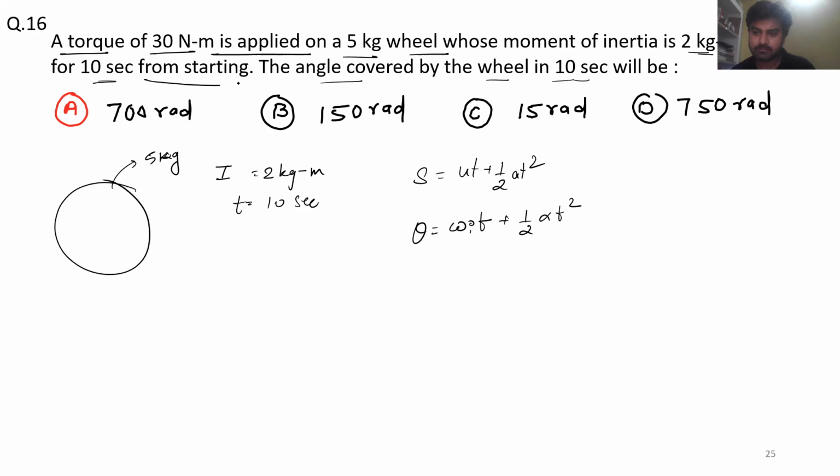Initial velocity is 0 because it is starting from rest, right? So theta will be equal to 0 into t plus half. What is alpha? Alpha we can find from the moment of inertia formula, right? This is a wheel.